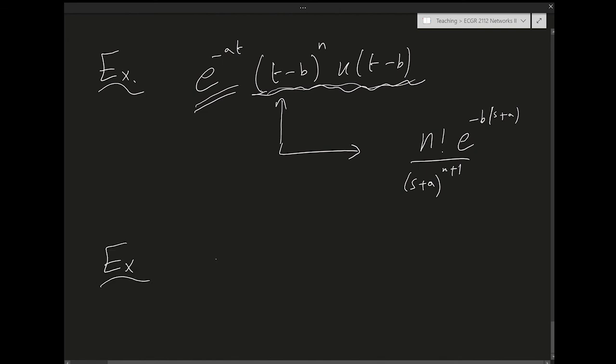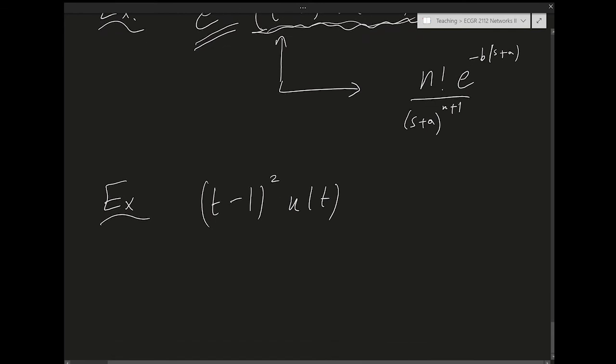For example, let's say I have (t minus 1) squared u of t. Is this a time-shifted signal? No, it's not a time-shifted signal. Why? Because I don't have here u of (t minus 1). How would I try to find the Laplace transform of this? Well, there's no way other than trying to evaluate this expression. So let's do that.